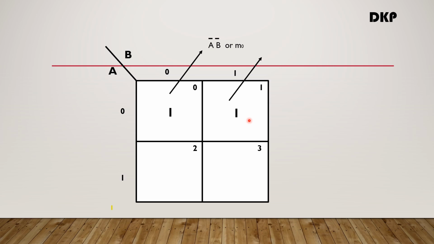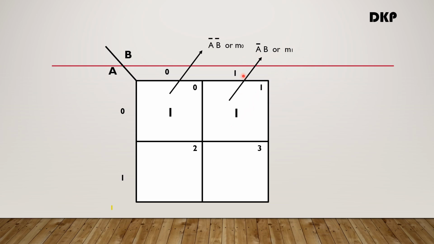Similarly, we can read the name of this cell, it is A bar B. This is first row, second column. First row is represented with the literal 0 or A bar, and the second column is represented with the literal 1 or B. Therefore, the name of the cell is A bar B or the minterm M1.